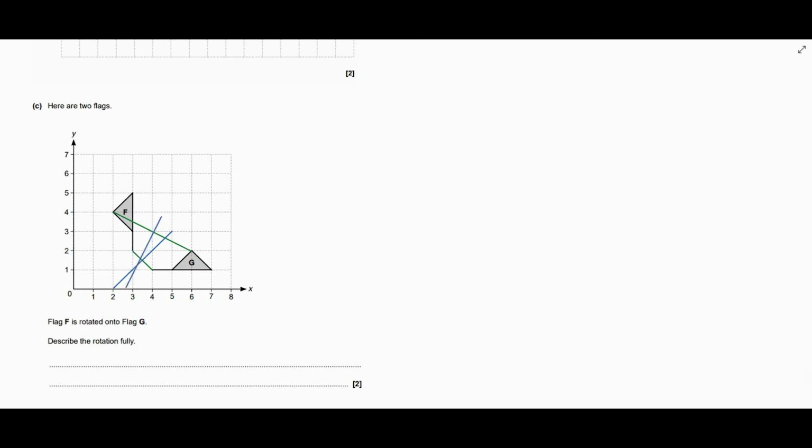When you do the 2 perpendicular bisectors of these joined lines, they will meet at some point. I've drawn this a bit badly, but in reality they meet here at 3, 1. So that's how you'd know that that's the center of rotation.